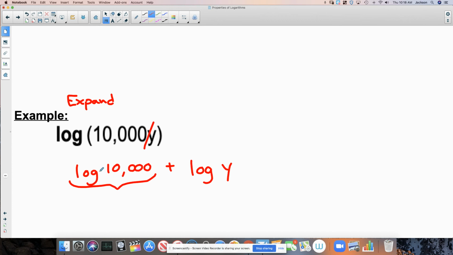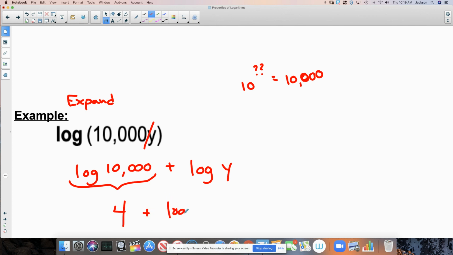How many problems have we gone through where we asked the question, what power do I raise this base to get this number? So off to the side, 10 to the something power is equal to 10,000. Well, 10 to the first power is 10, 10 squared is 100, 10 cubed is 1,000. So this is 10 to the fourth power. So this logarithm has a value of 4.